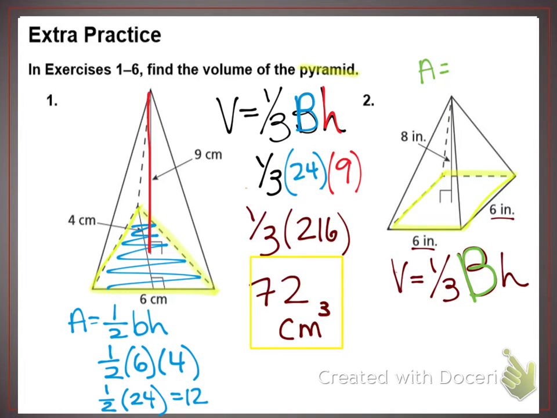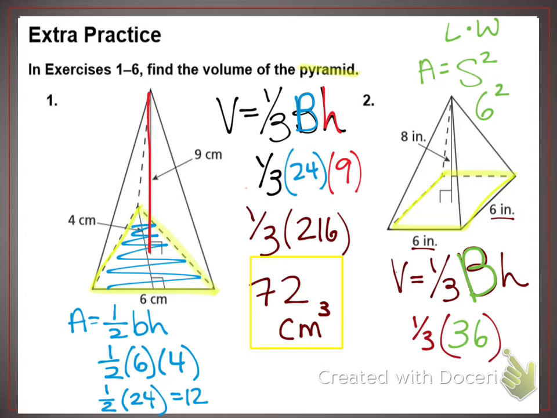What is the actual formula for the area of a square? You can do side squared, correct. You can do length times width, but the official one is side squared. But what is the length of the sides on the square? 6, and then 6 squared is 36.